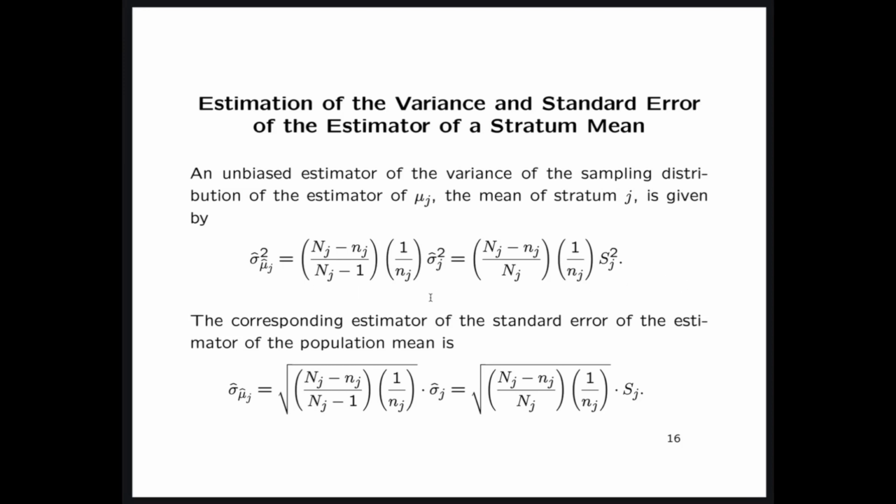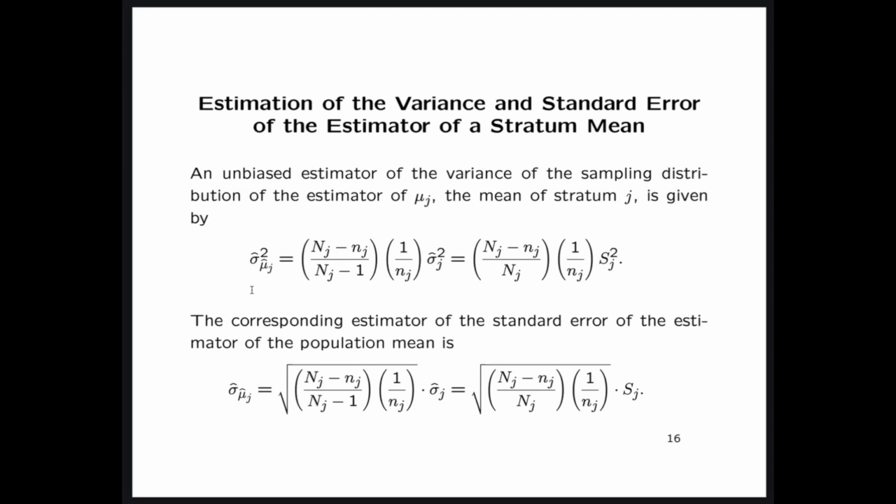You can express this estimated variance in terms of either the unbiased estimator of the jth stratum population variance, sigma hat squared sub j, or in terms of the sample variance from the jth stratum. Both of these formulas are probably good to have in your notes, and on a note sheet for when you're doing assignments and exams.